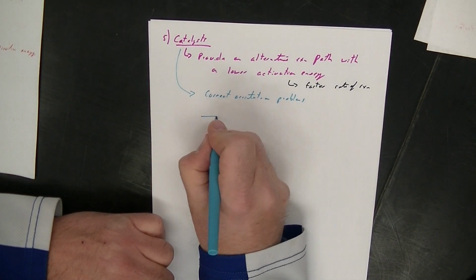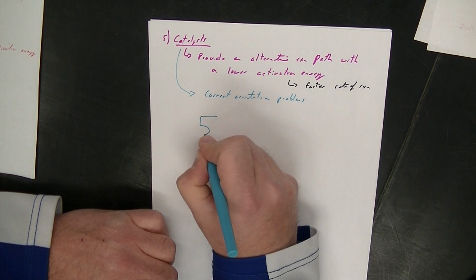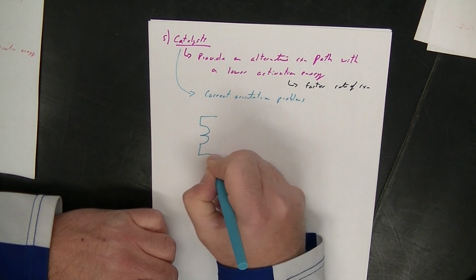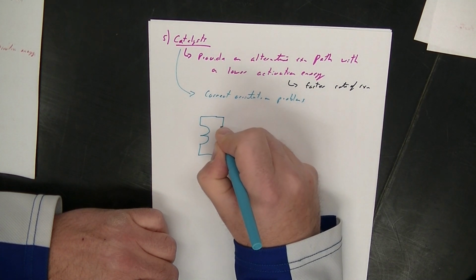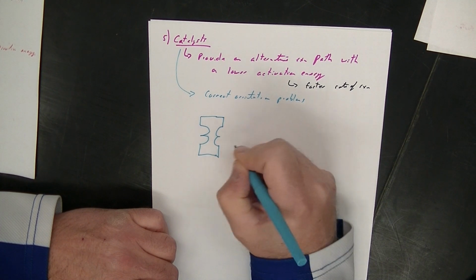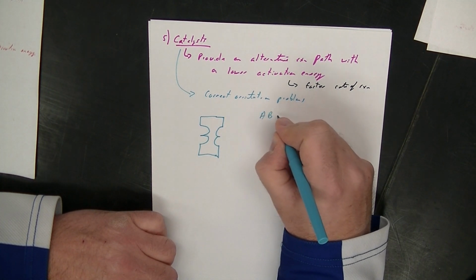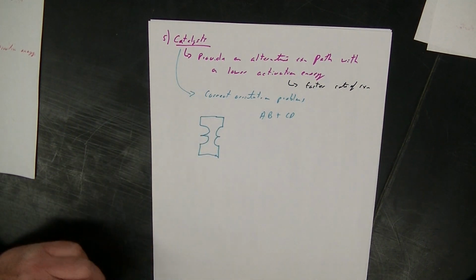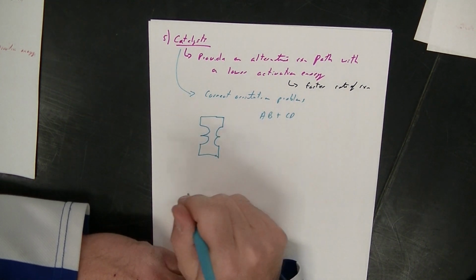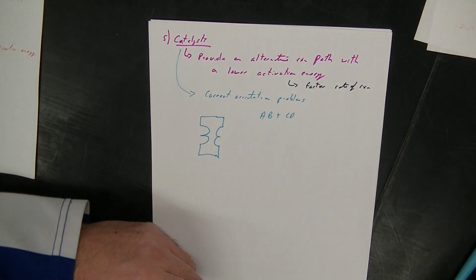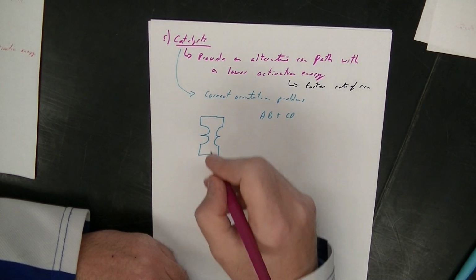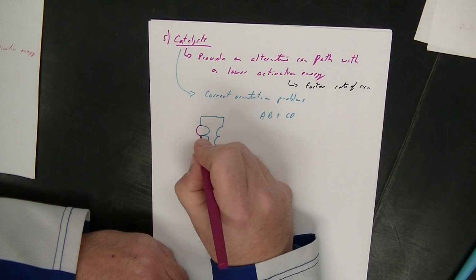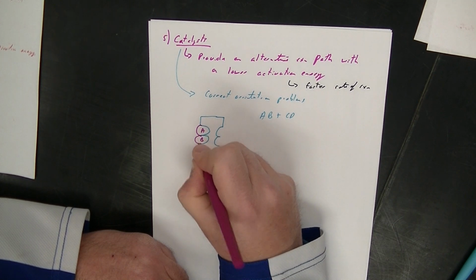So let's say that this is a catalyst for some reaction. Let's say this is the catalyst for a reaction between AB and CD. So what this catalyst will do is, we put it in with our reaction and it'll start to catch some A and B, some AB.